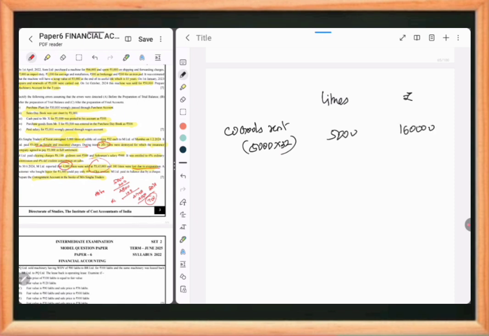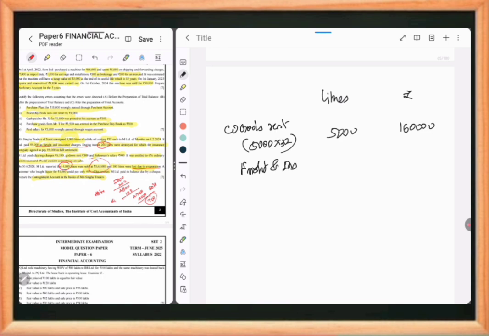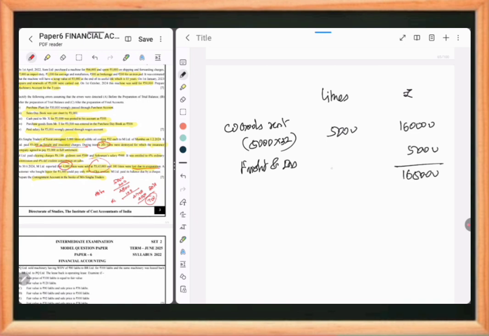Then the consignor's expenses, freight and insurance charges, 5,000 rupees. So this is liters, this is amount: total amount 1,65,000 for 5,000 liters.